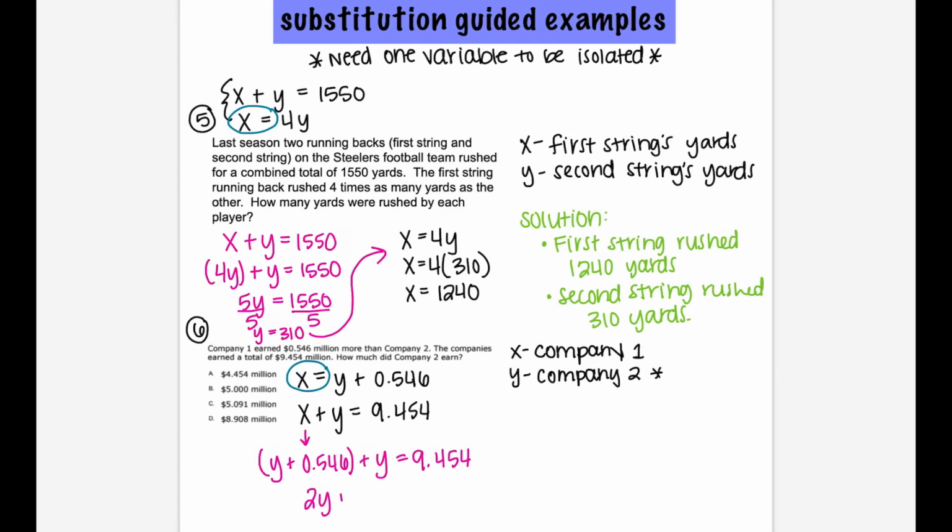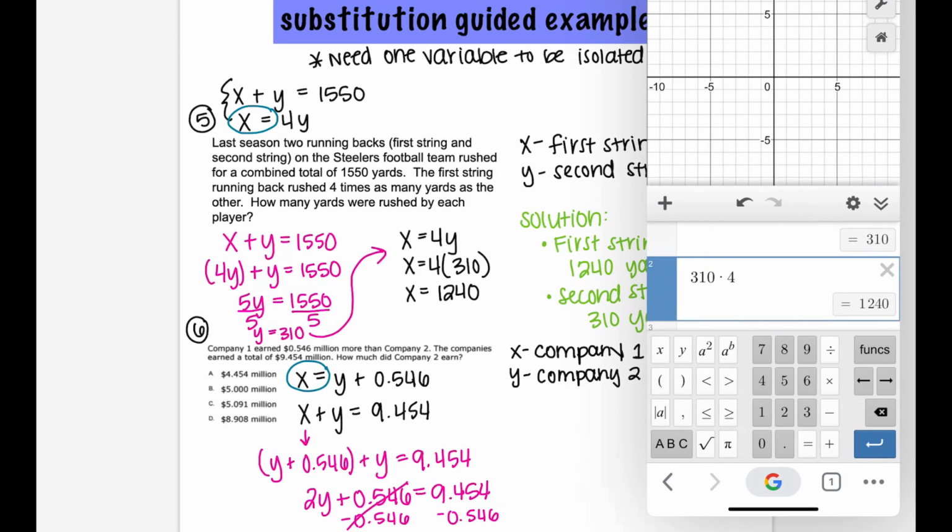So we have two Y's here, so 2Y plus 0.546 equals 9.454. Okay, we need to subtract that constant term from both sides.